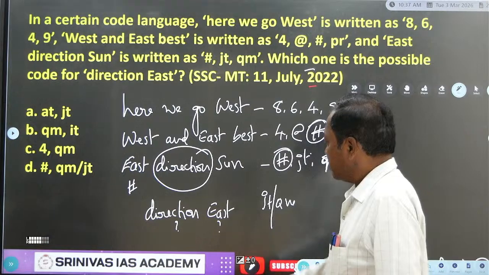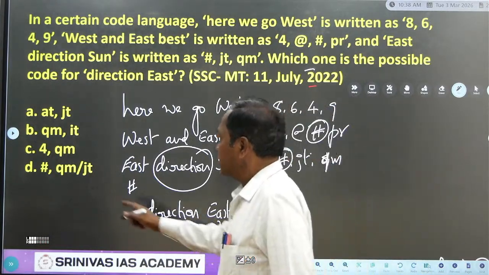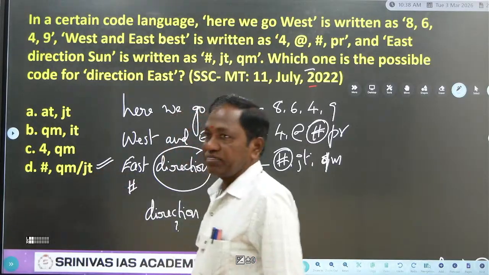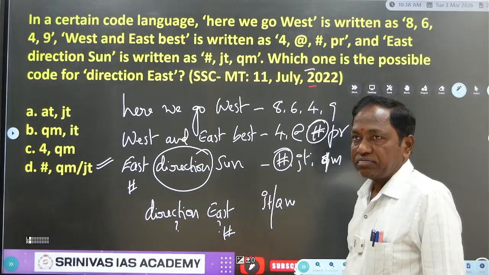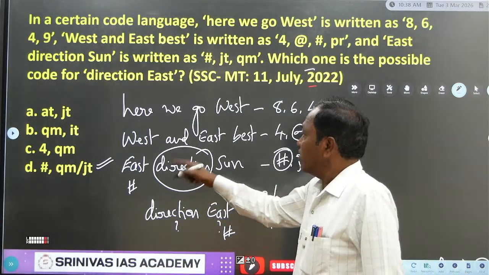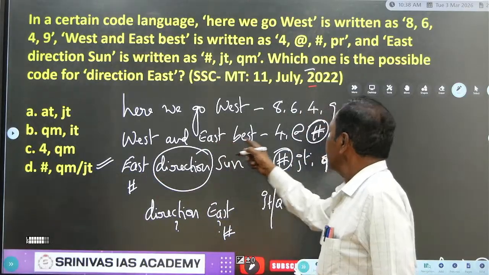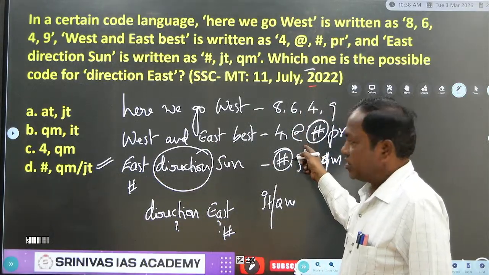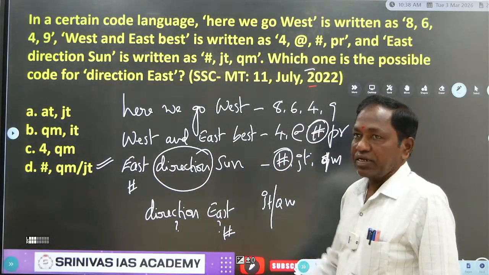We want the code for east, and we got ash, so option D. East is the commonality between the second group and third group. Here east is the third term, ash, and in the other it is the first term, so ash is the commonality.